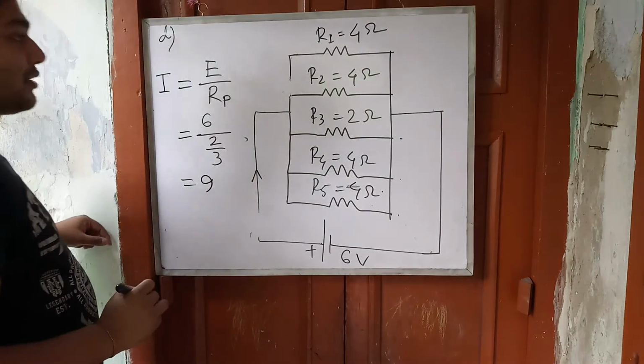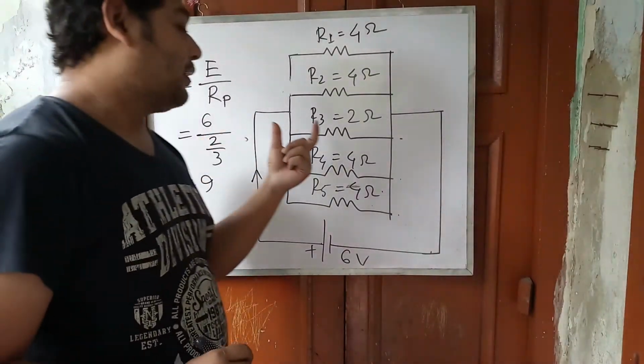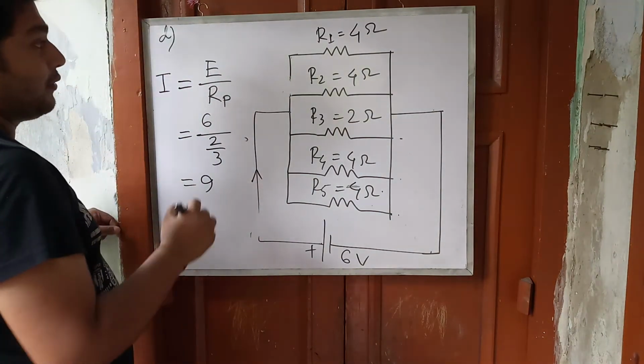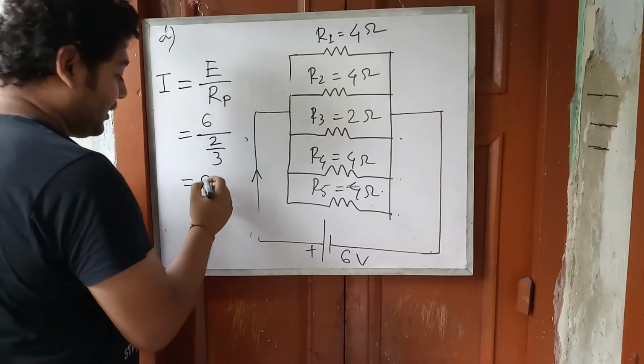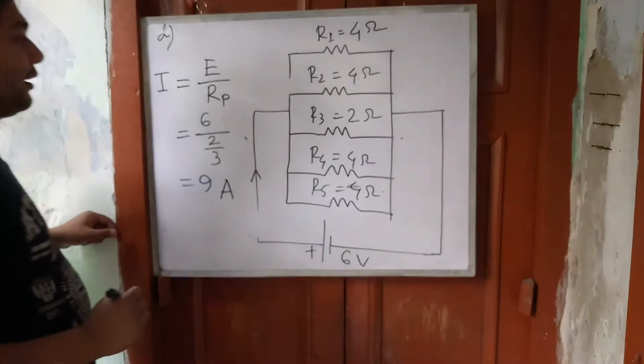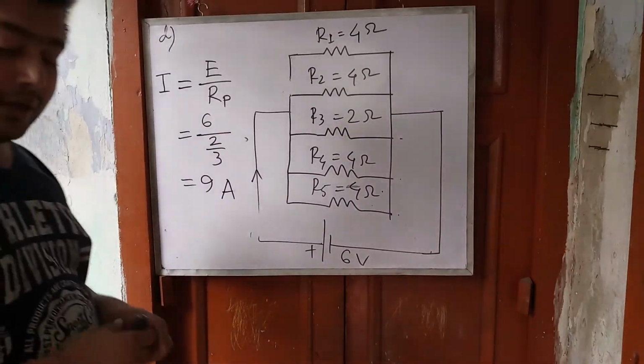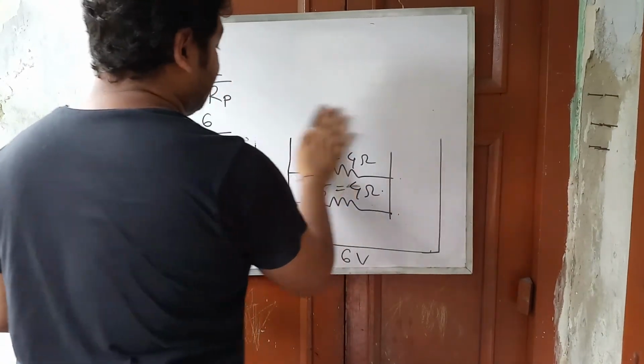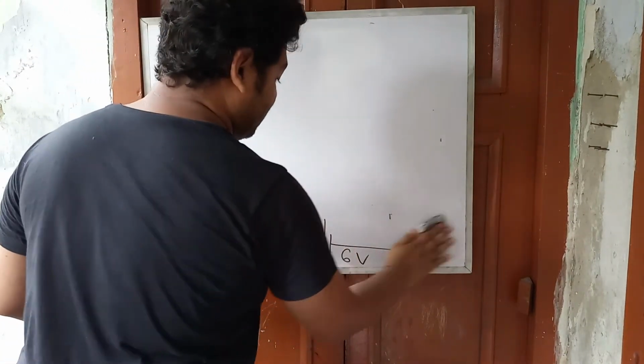Then we get the current of our new circuit as 9 ampere. And now we will calculate the current flow from the given circuit.